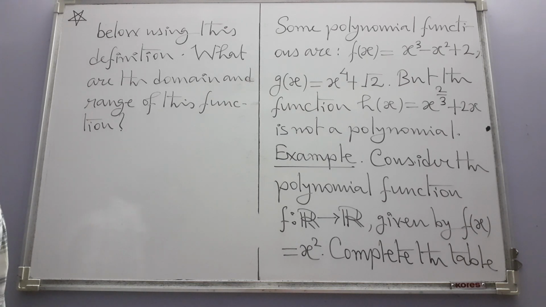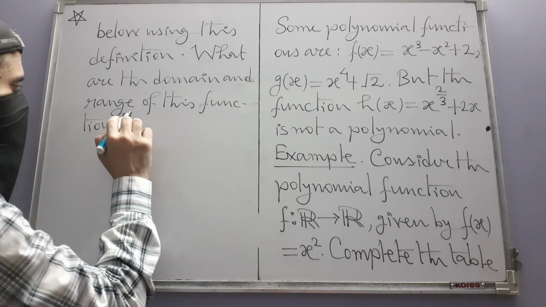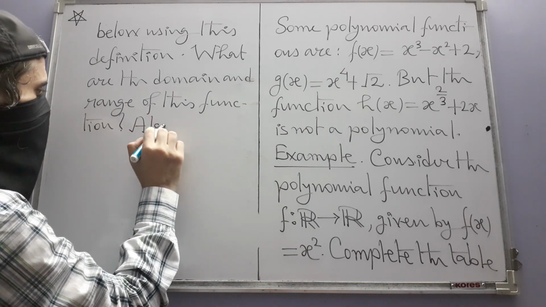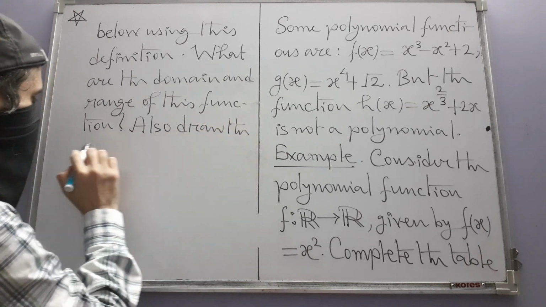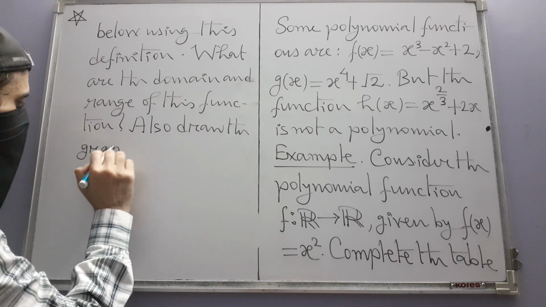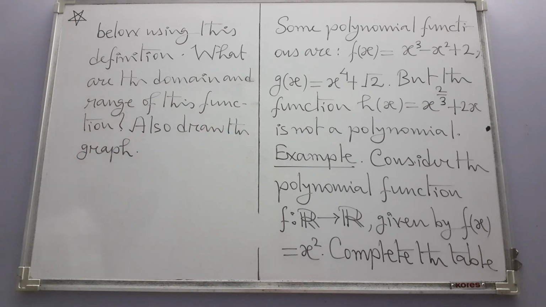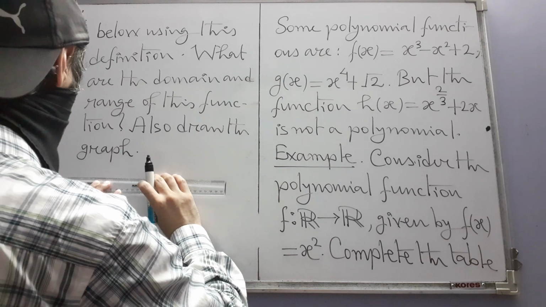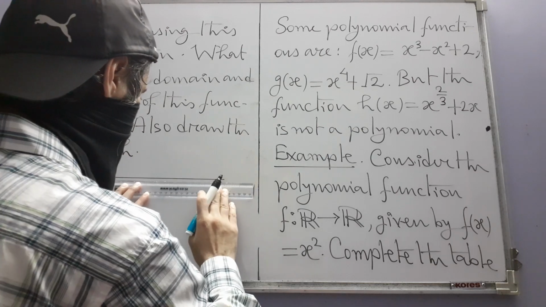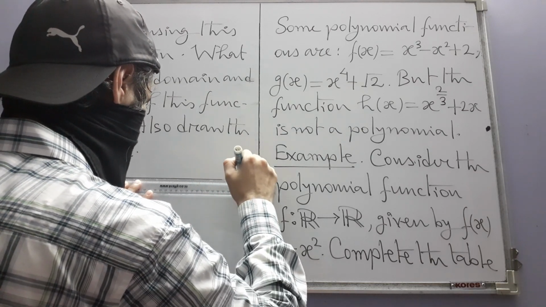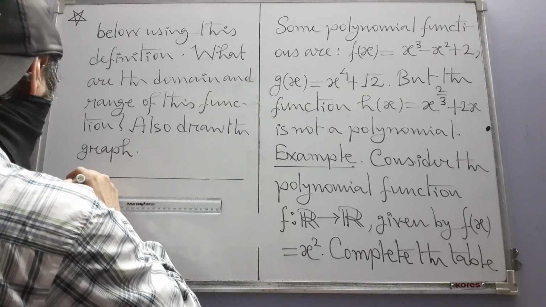I don't see drawing graph, but we will do it. Also, draw the graph, and now we need the table. The table, of course, we will complete here itself. There is no point again making another table.